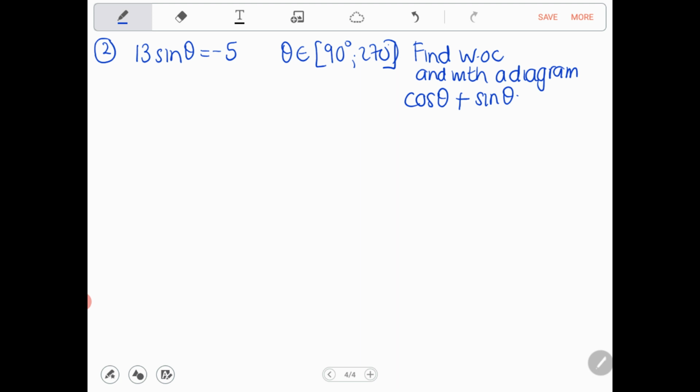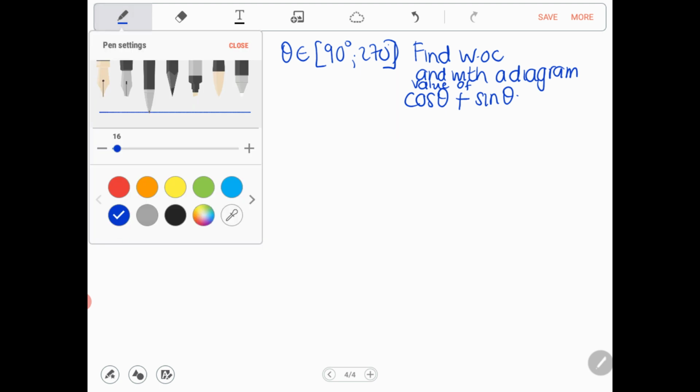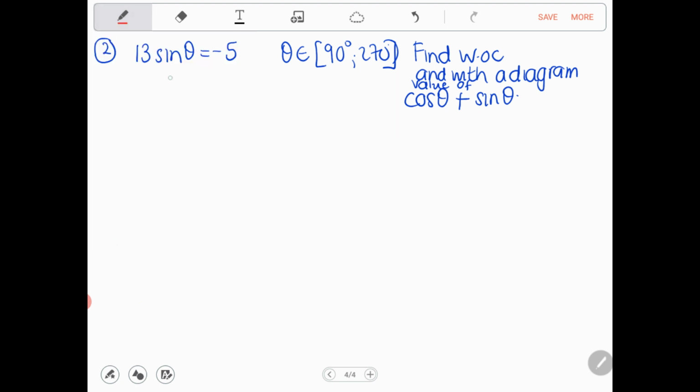Again, we're not going to actually answer this, find the value of cos plus sine, until we've got our diagram, our x, y, and r, and we've worked out where our terminal arm is. So step 1, we've got to work out where the terminal arm is.